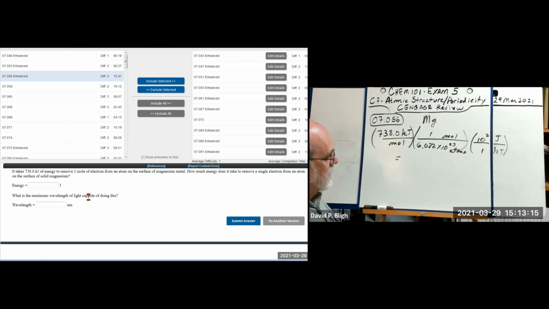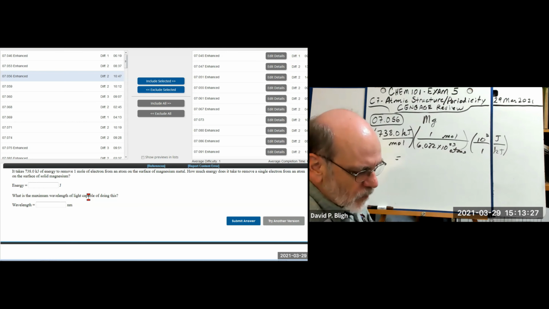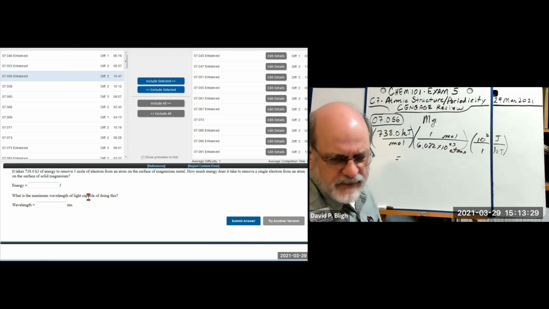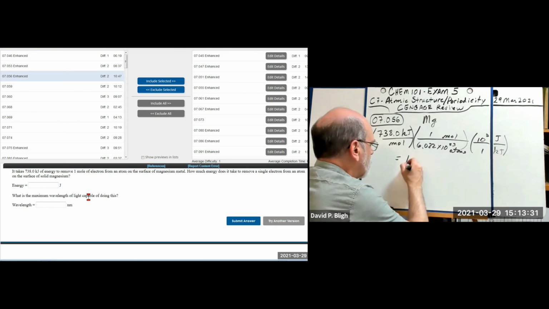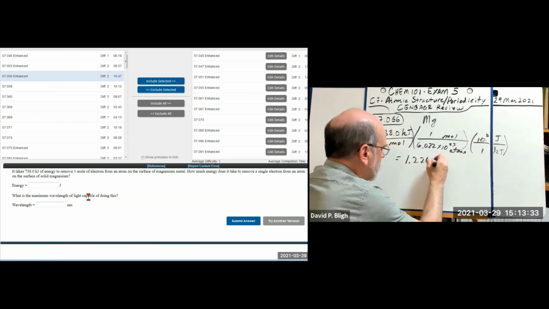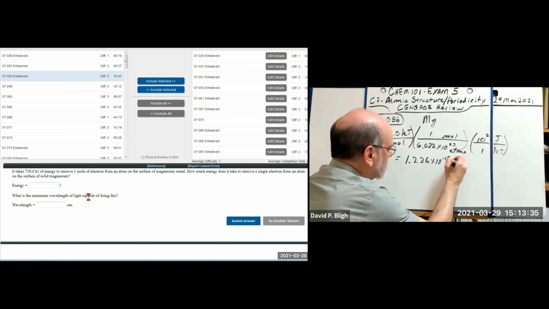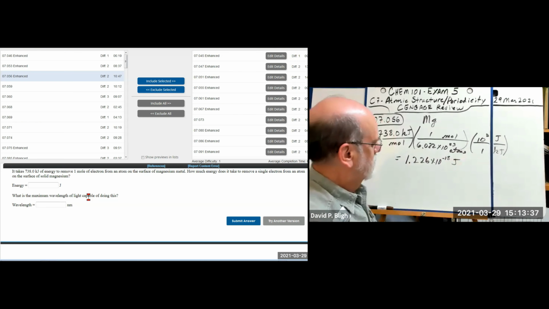Yeah, per atom. 738 times 1,000 divided by Avogadro's number. 1.226 times 10 to the minus 18. 1.226 times 10 to the minus 18 joules.